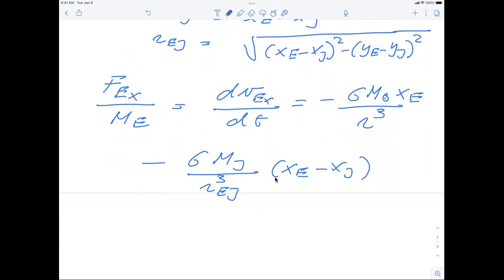And you have a similar one for the y direction. If you wish to go in 3 dimensions, you would have a similar one for the z direction. So that means that what you would need to plug in for the y direction, you would have a y of e minus y of j. Similarly, you would have the y position, and you need the z position as well.